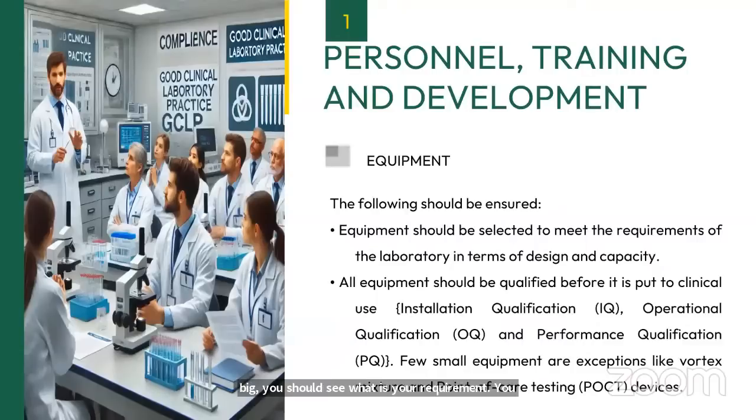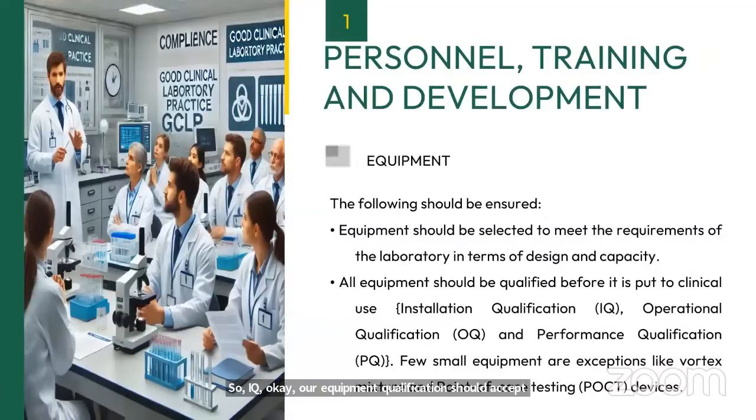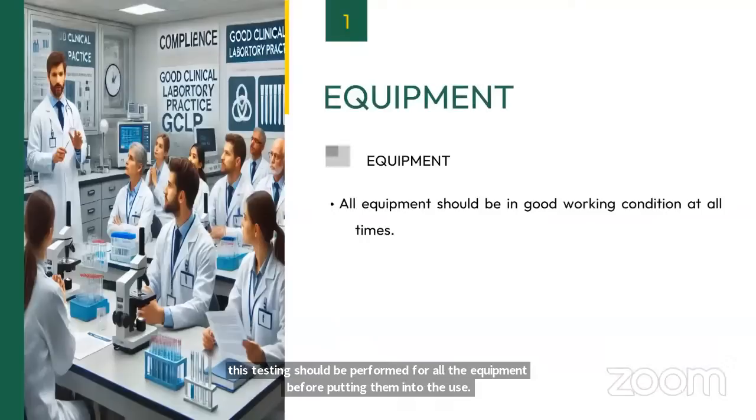So whenever an equipment is selected, you should conduct the appropriate installation qualification, operational qualification, and performance qualification. That is called IQ, OQ, and PQ. So IQ, OQ, PQ or equipment qualification and acceptance testing should be performed for all the equipment before putting them into use. All equipment should be in good working condition at all times.